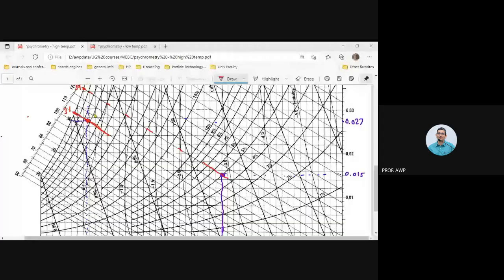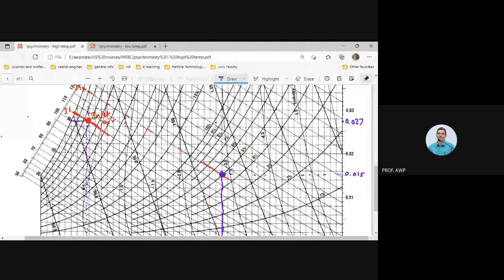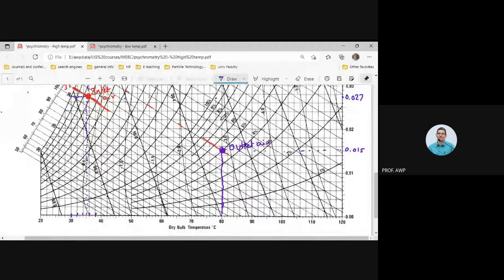So this is our inlet air, this point, and this is our outlet air. Correct. So we would need to reduce humidity from this value all the way down to this value.